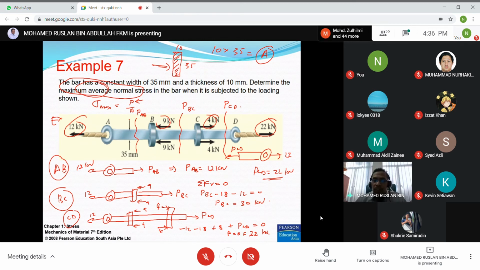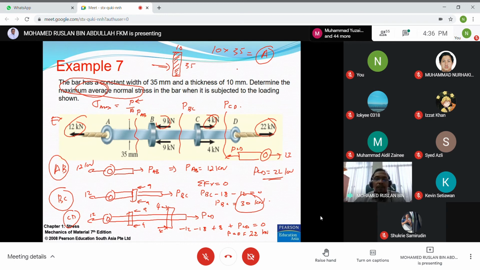So from this data that we have, it is very clear that for the body, PBC, the internal force, is the highest. The highest is 30 kilonewton.